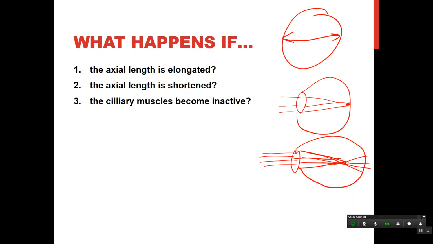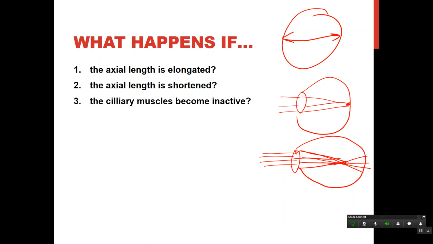What happens if the axial length is shortened? Where does the image form? Behind the eye, exactly. If you have a shortened eyeball, the image is going to be formed back here, and that's also not good because you want it to form on your retina. What happens if your ciliary muscles become inactive?